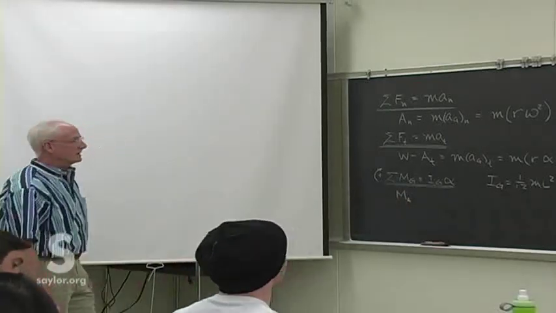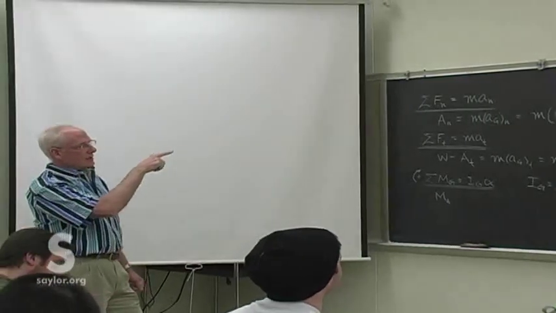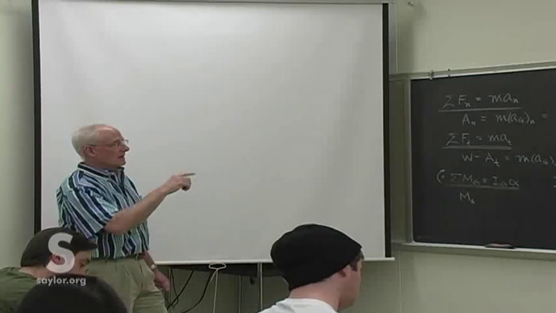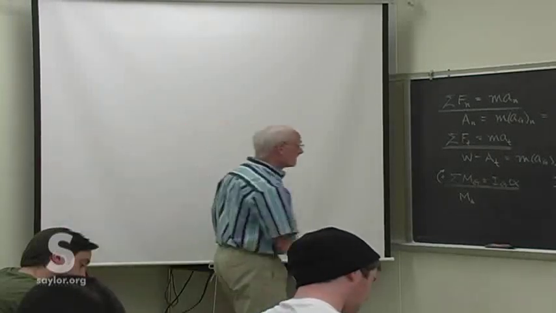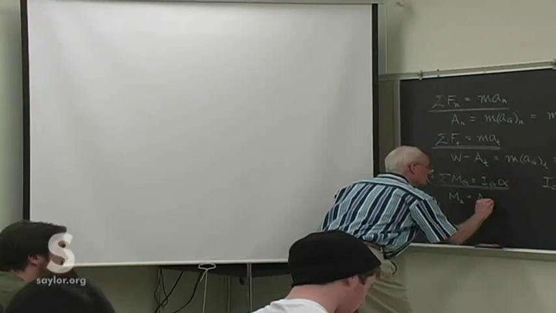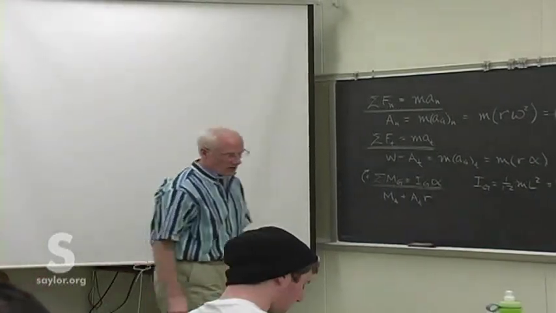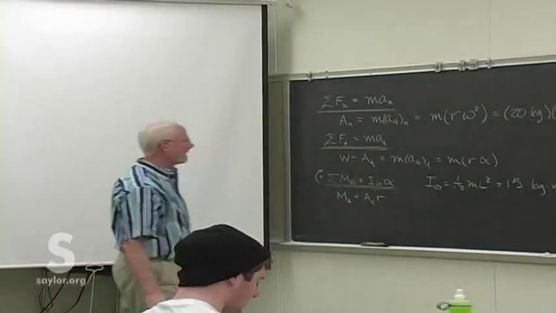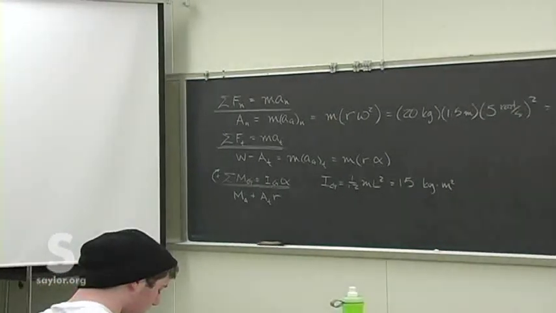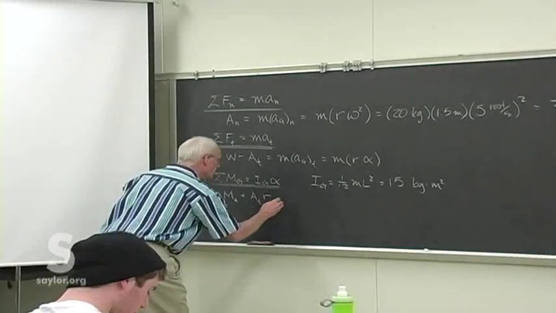That's all we need to do with it. AN goes through G, so it has no moment that it contributes. AT has a positive direction to it, which would be, its moment would be ATR. And W goes right through G, so we don't put it in there either.